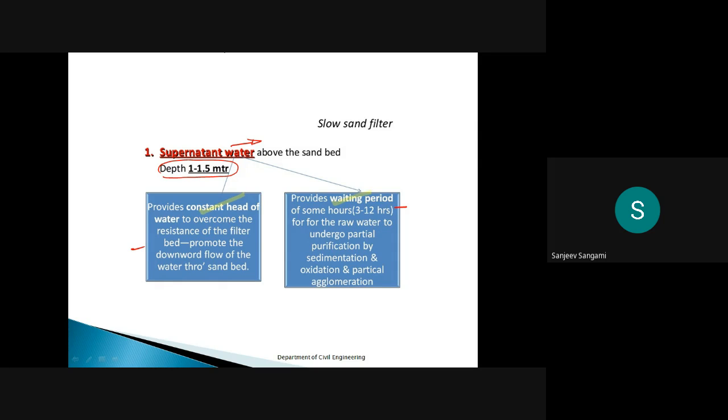Why does this supernatant water have to be maintained at a depth of 1 to 1.5 meters?